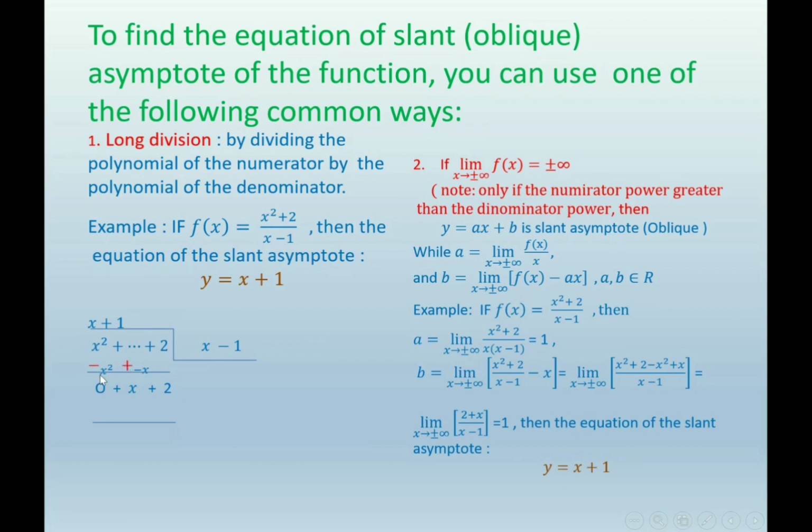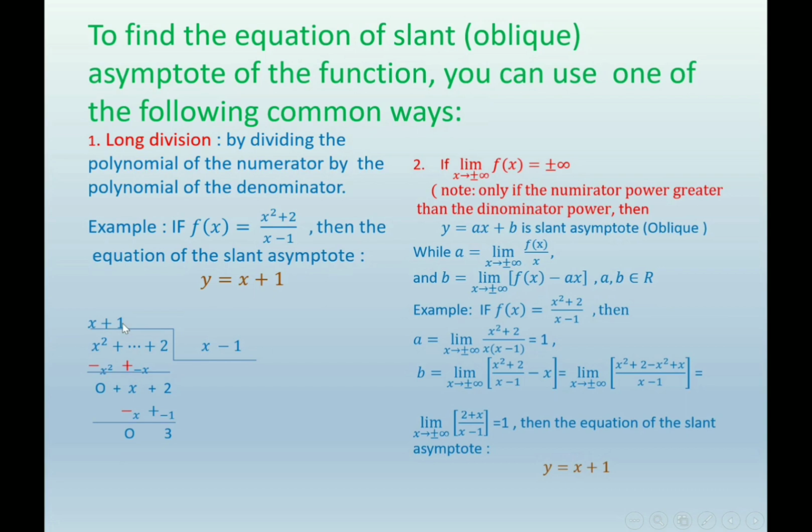X squared minus x squared is 0. 0 plus x is plus x. 2 plus 0 is 2. Now we do the same again: dividing, multiplying, then subtracting. Start again from here. X divided by x will give you plus 1.